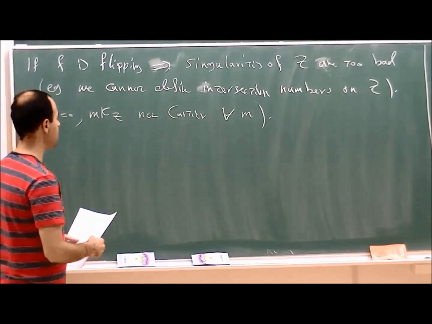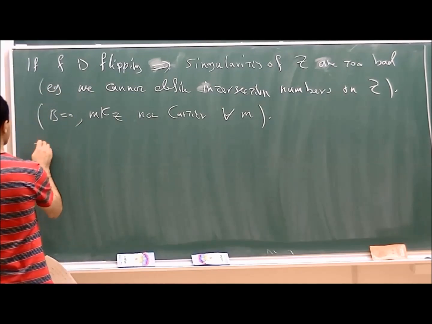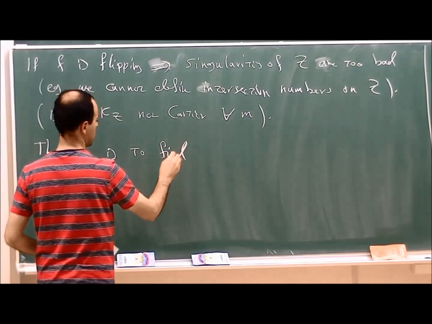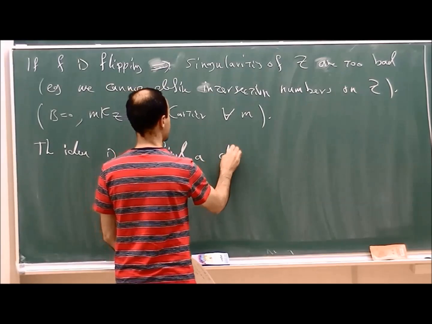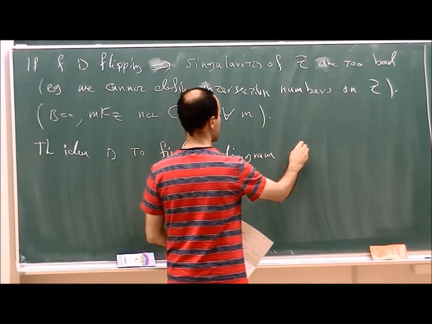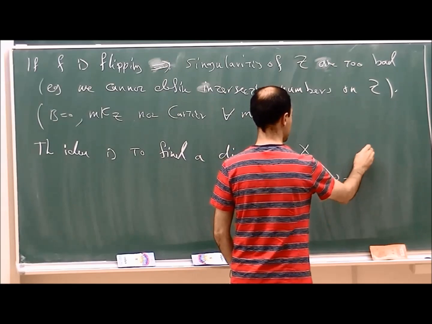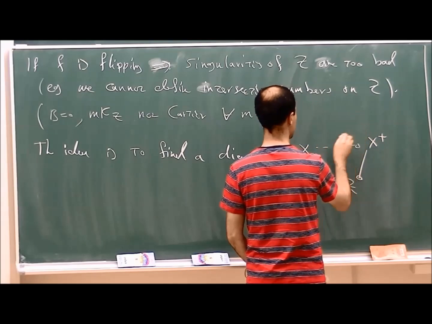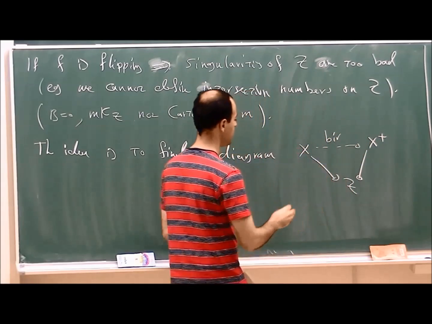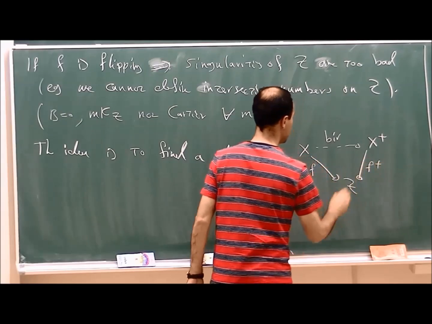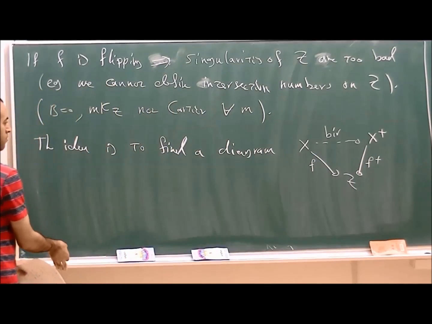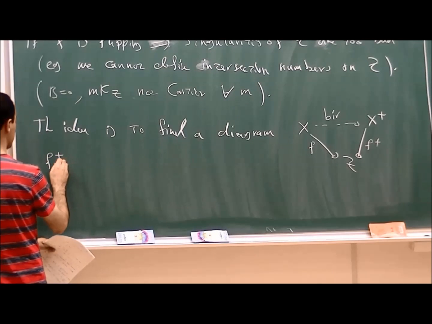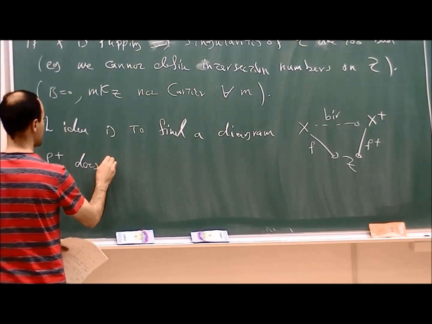So that's a major problem, and in this case, the idea is to do the following: to find a diagram of this form. So we already have X to Z. We would like to construct something on the opposite side, X plus, and this is birational. So the f plus is similar in the sense that it is also birational and it does not contract a divisor.